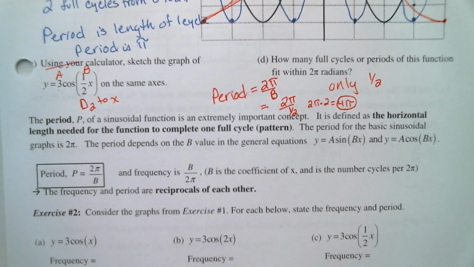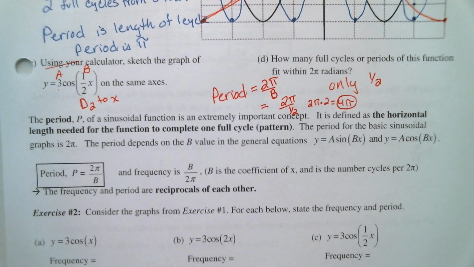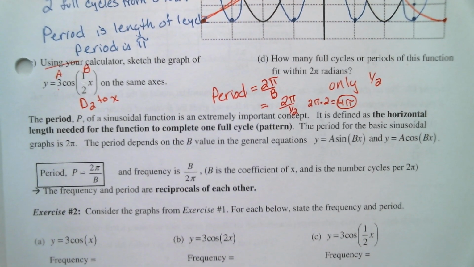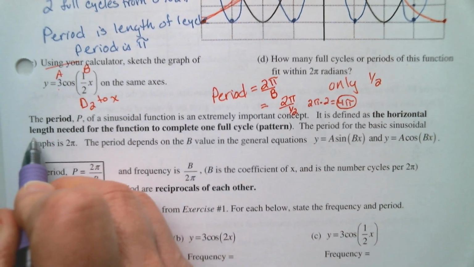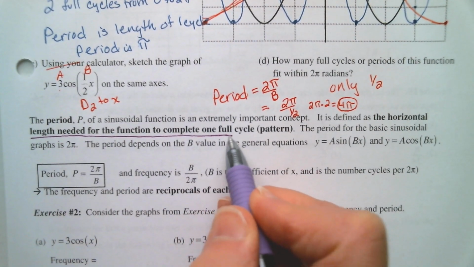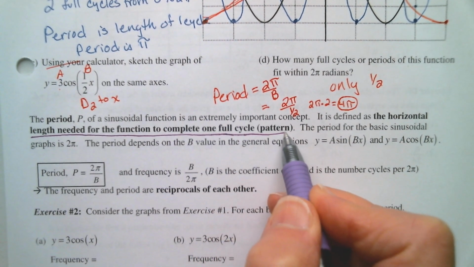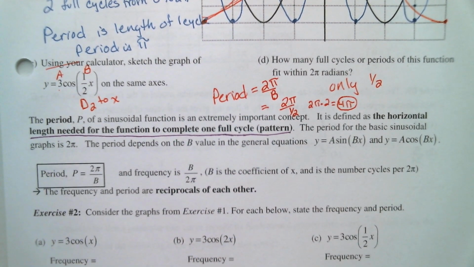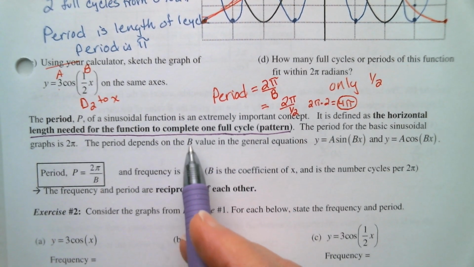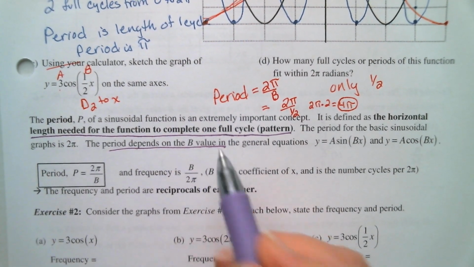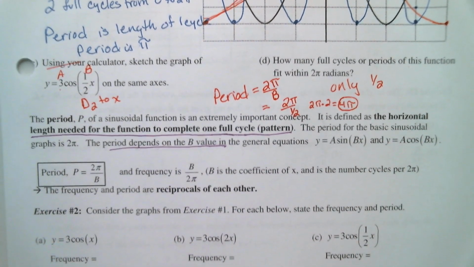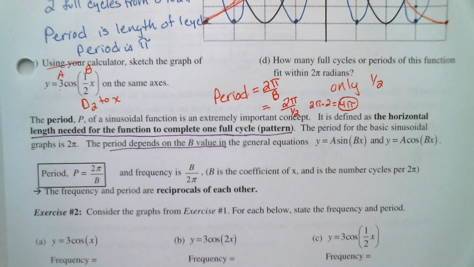So the period, capital P, of a sinusoidal function is an extremely important concept. It is defined as the horizontal length needed for one complete cycle. The period depends on the b value in the general equations, y equals a sine bx and y equals a cosine bx.